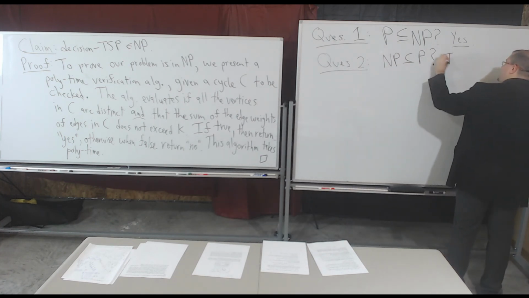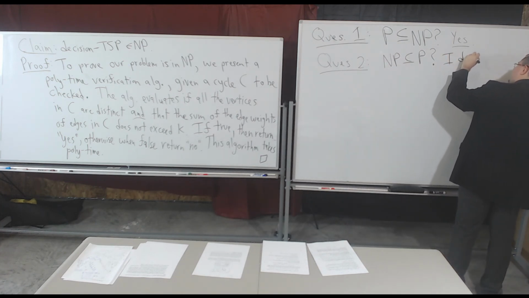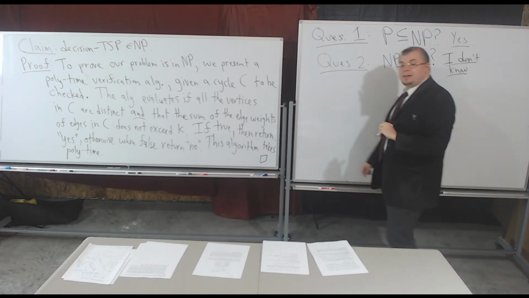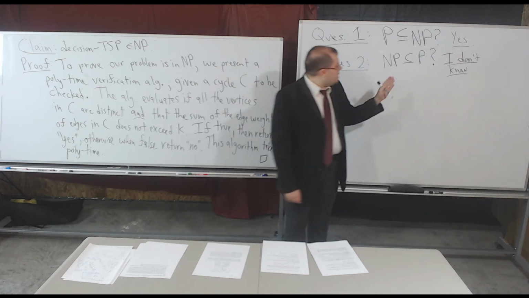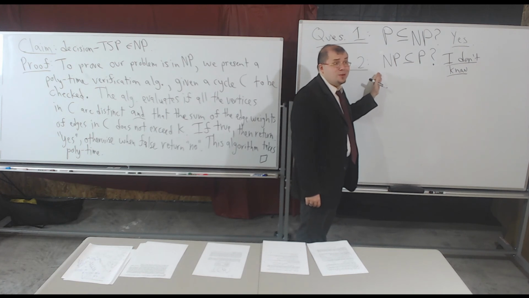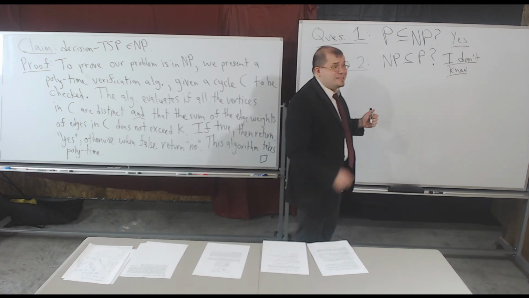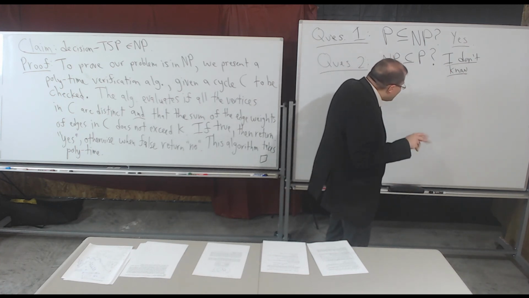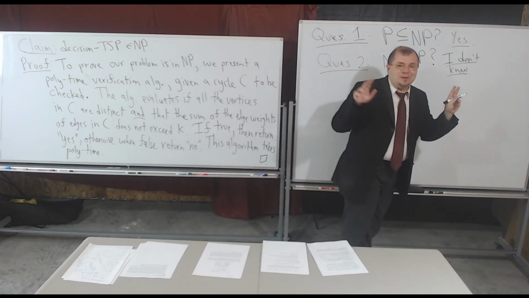The answer is I don't know, we don't know. However, you're going to find in this course that we're going to build on the intuition that the answer to this is probably going to be no, but we don't know. At least most theoreticians believe the answer to this question is no, but they don't have a mathematical proof saying so.